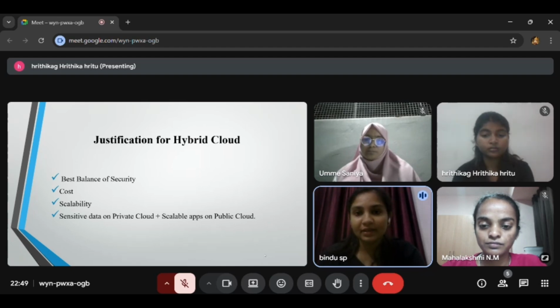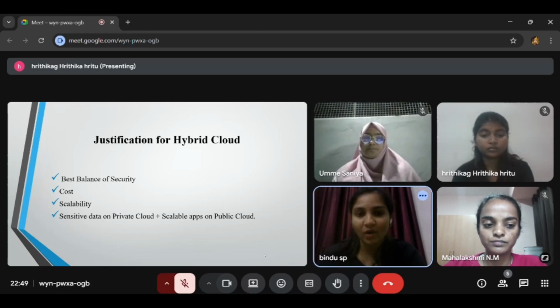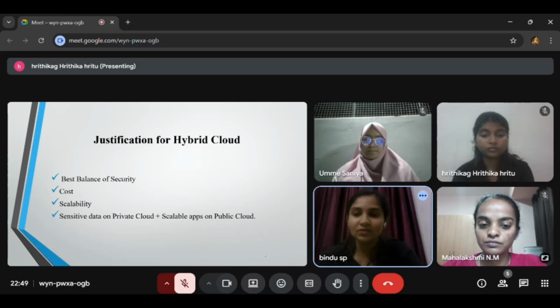Overall, sensitive data is kept safe in the private cloud while scalable apps and other workloads can run in public cloud. Next slide will be continued by Sanya.